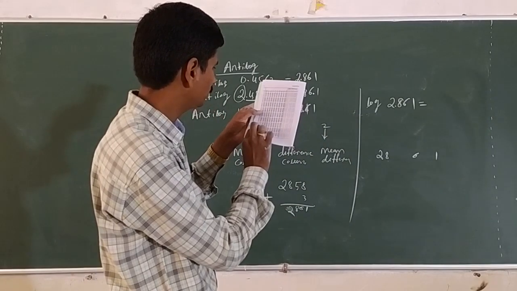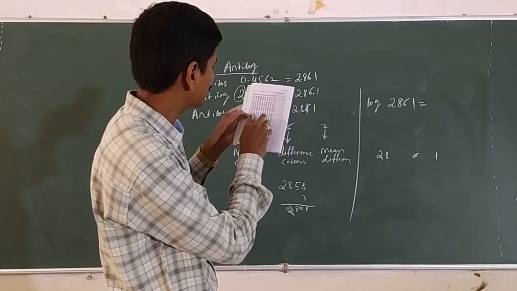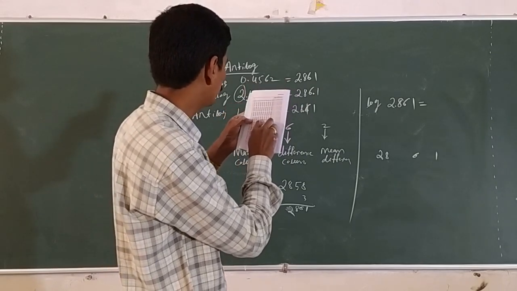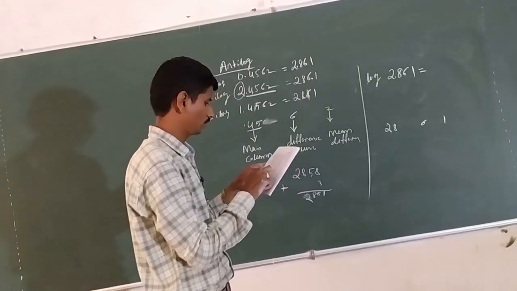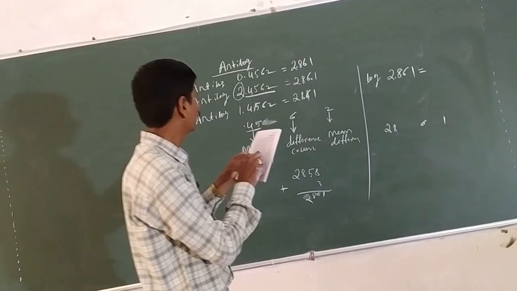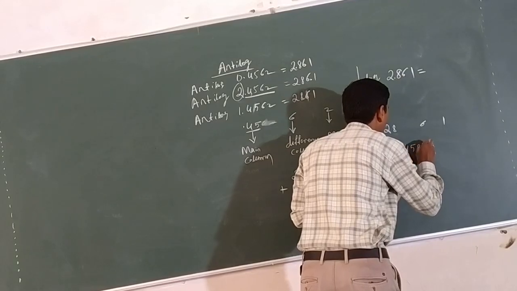The next third digit is 6. 28 and 6 gives 4584.